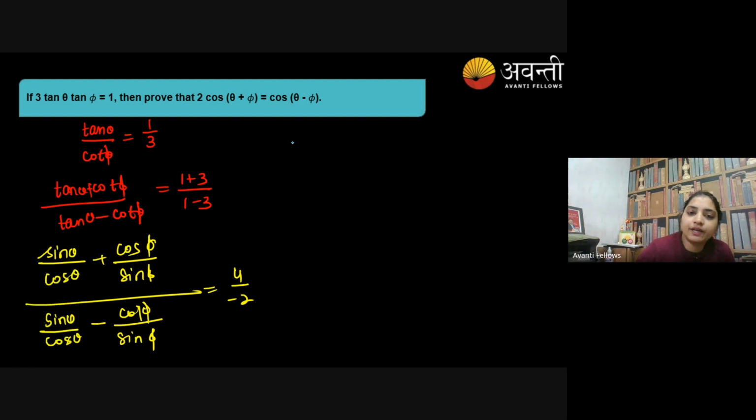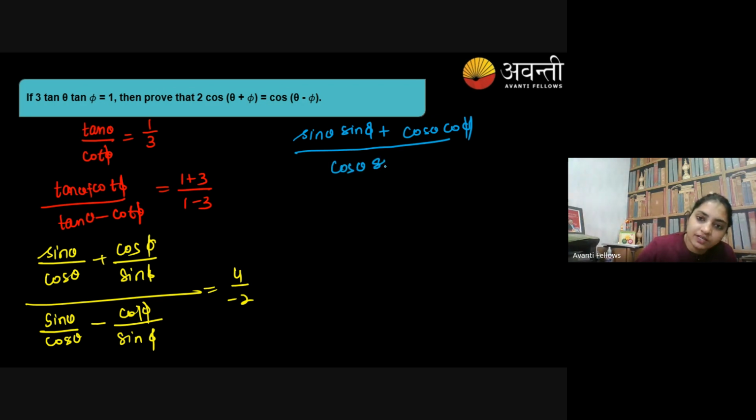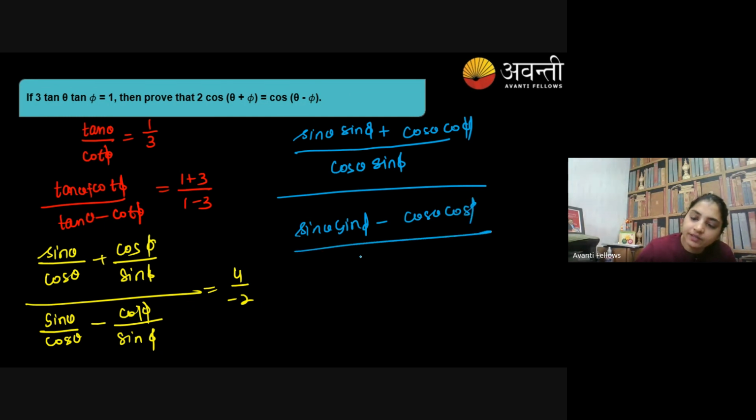If I need to take LCM, it will look like sine theta sine phi plus cos theta cos phi divided by cos theta sine phi, divided by sine theta sine phi minus cos theta cos phi divided by cos theta sine phi. Right, dear bachcho?